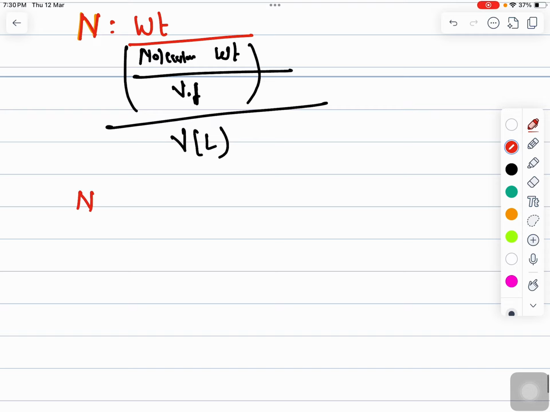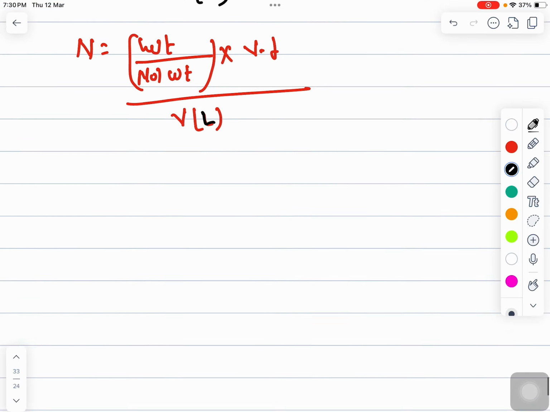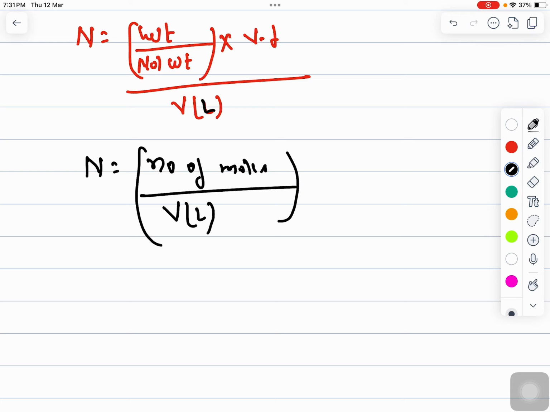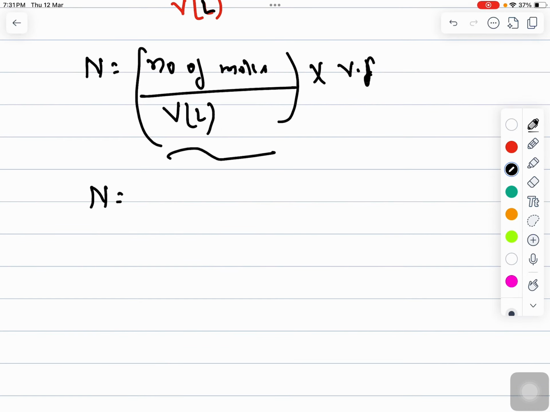So if I write these things, that can be defined as weight divided by molecular weight, multiplied with valency factor, divided by volume of solution in liter. And what is weight divided by molecular weight? That is the number of moles. So N will be equal to the number of moles divided by volume of solution in liter, and then that will be multiplied with valency factor. And what is number of moles by volume? That is molarity. So normality will be equal to molarity multiplied with valency factor.